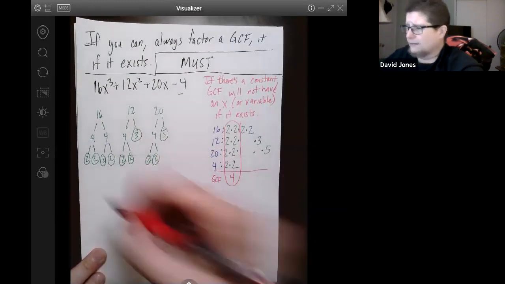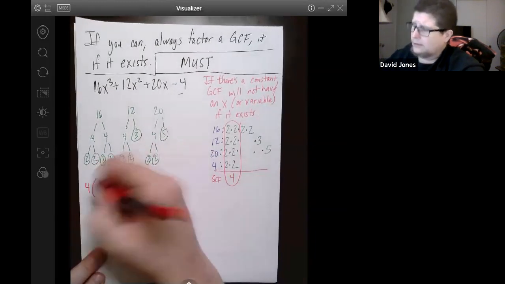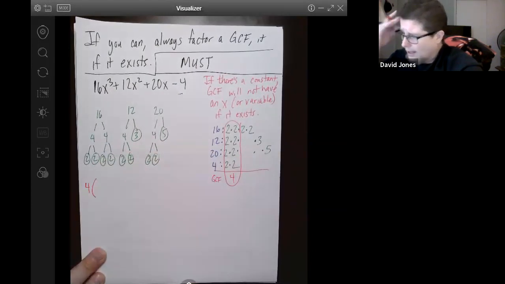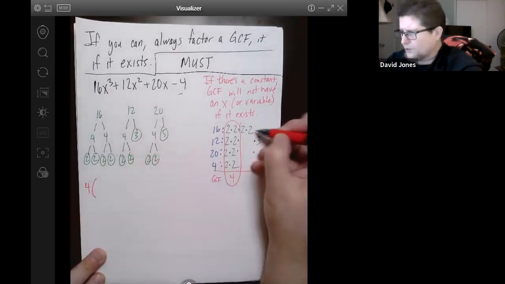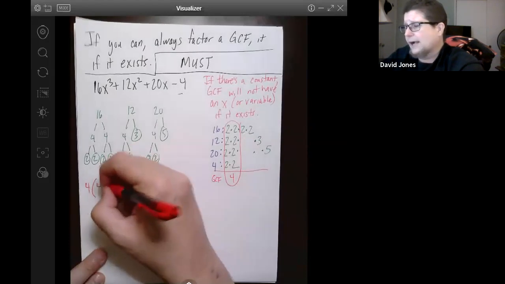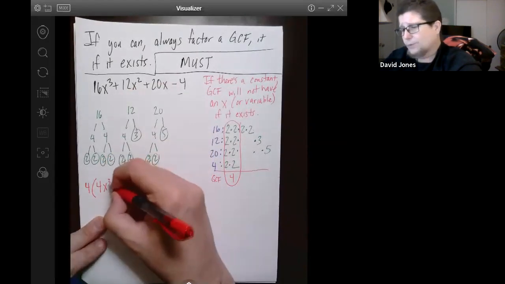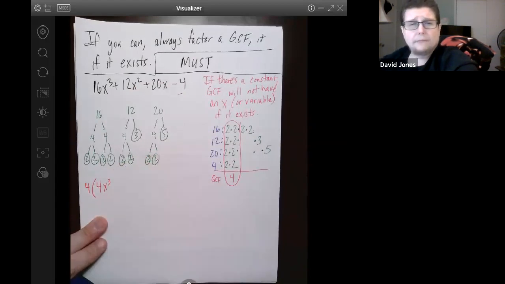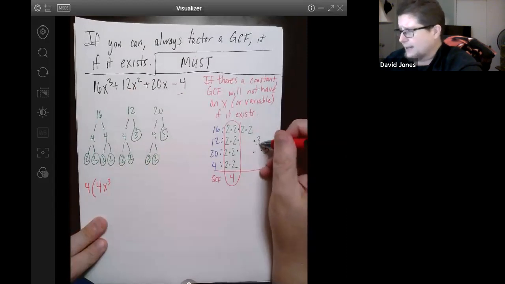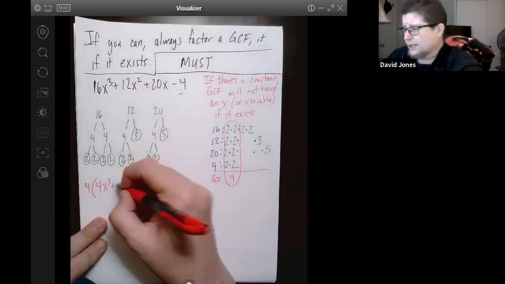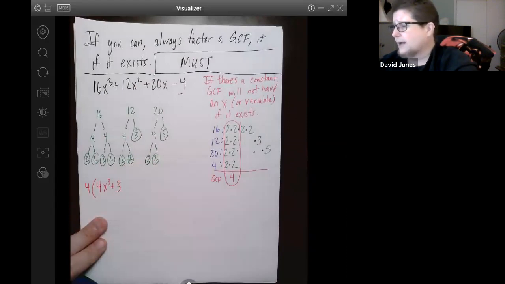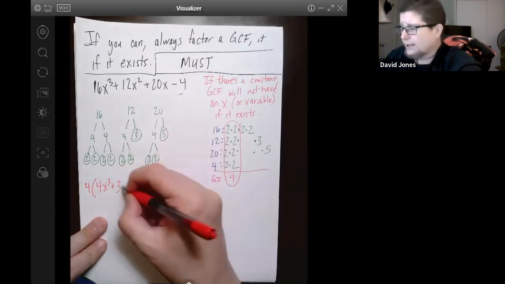So I'll factor it out. I'll put a 4 out front. The 16 leaves behind 2 times 2, which is 4. And it has an x cubed, so I'll put the x cubed. 12 left behind a 3. It's positive 3, so I'll put plus 3. And it had an x squared with it.